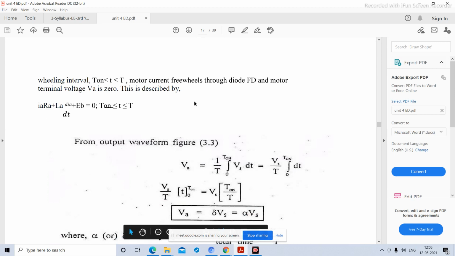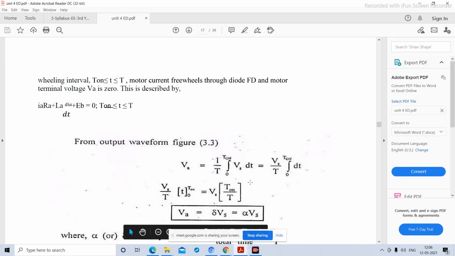From the last equation, Va is the average voltage across the load, across the motor. So Va equals 1 upon T, integral from 0 to T on of Vs dt. That is equal to Vs upon T, integral from 0 to T on of dt.